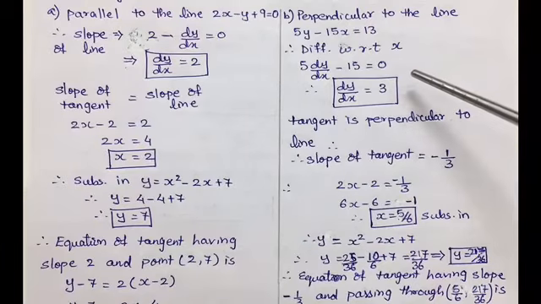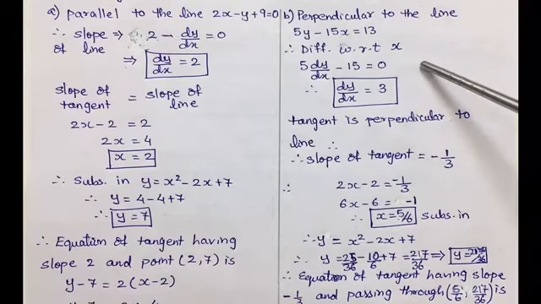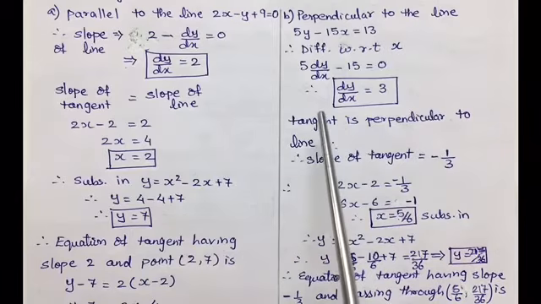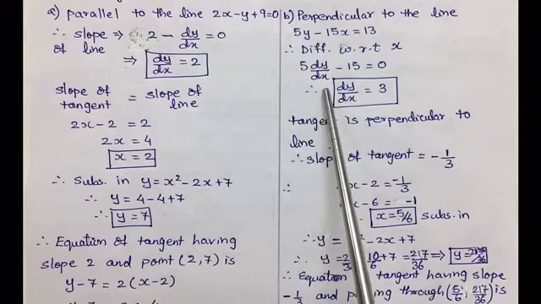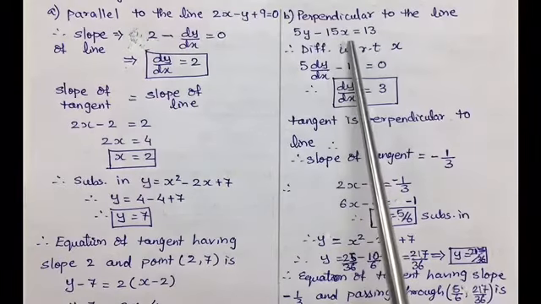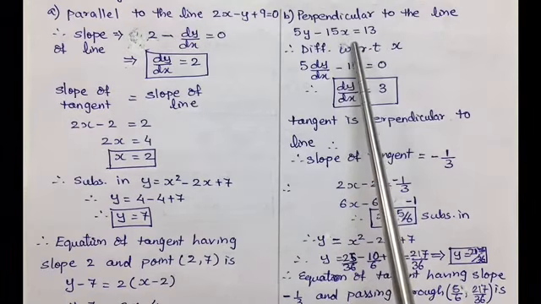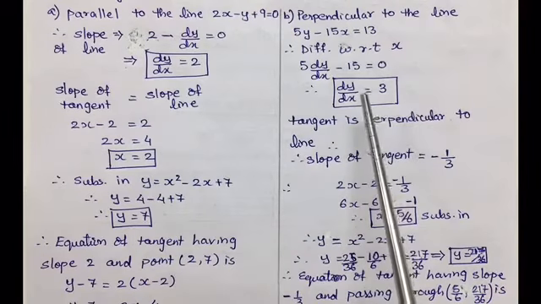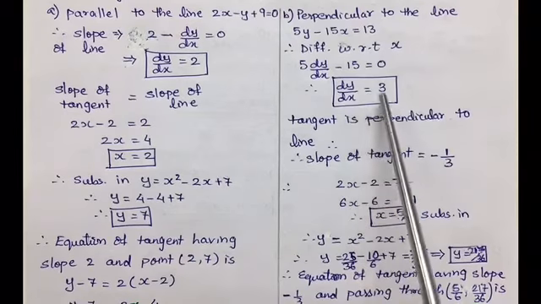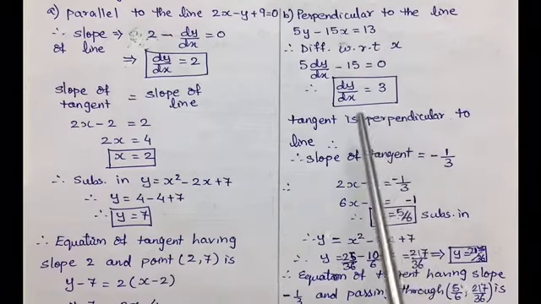Now calculating the slope of the line by differentiating it with respect to x, we get 5 dy by dx minus 15 into 1, that is the differentiation of x is 1, we get minus 15. So the dy by dx of the line becomes 3, that is the slope of the line.